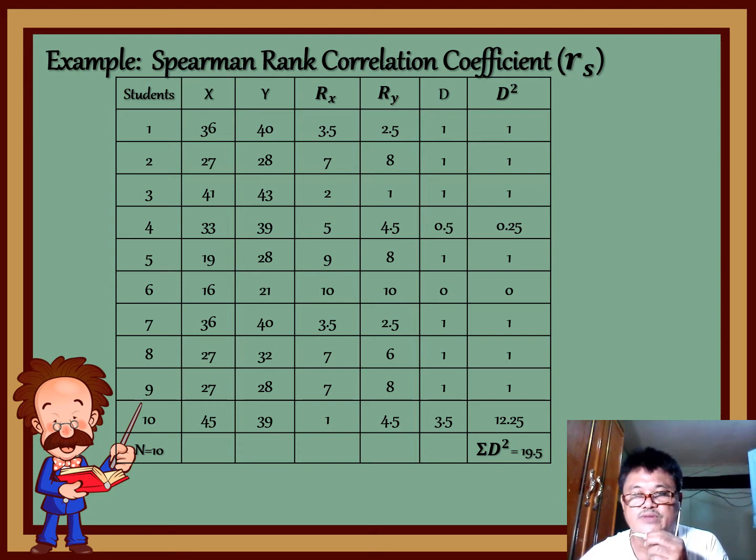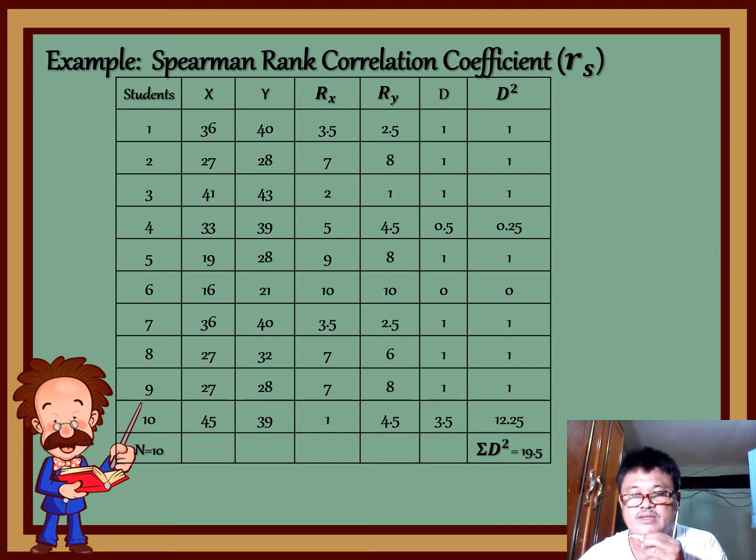Here 0.5 squared, or 0.5 times 0.5, is 0.25. 0 times 0 is 0. And then we have here 3.5 times 3.5 is 12.25. After completing the D squared column, you are going to add all of them. That's why we have the summation symbol here.